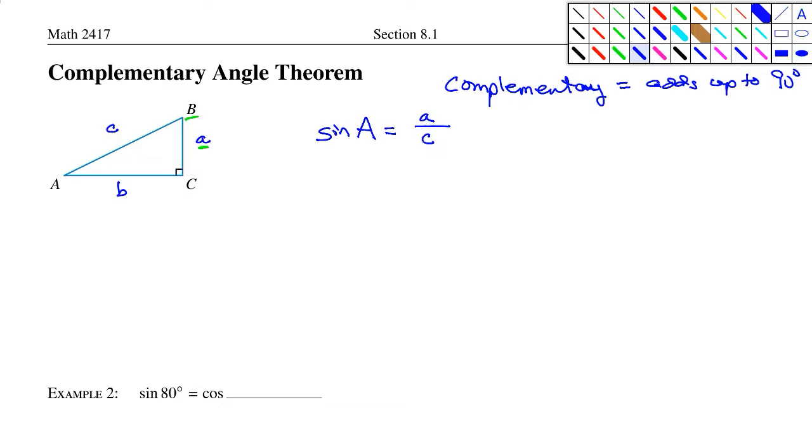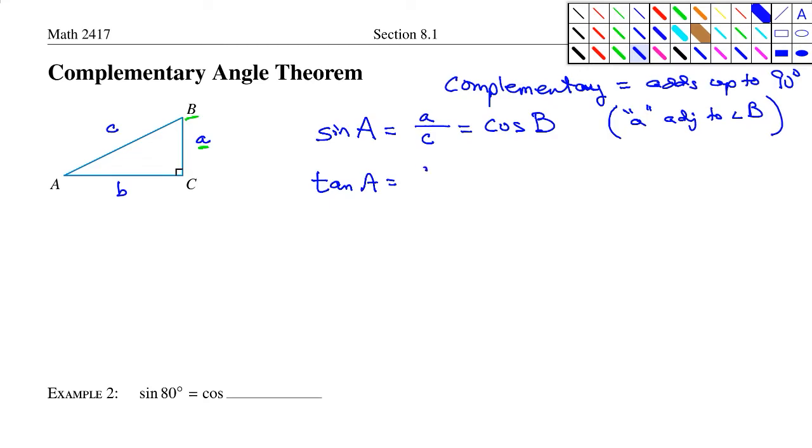So that means the A is adjacent to B, which makes this the cosine relationship. But it's the cosine not of angle A, but of angle B. So the A is adjacent to angle B. And if I look at tangent of A, it is the opposite over the adjacent.